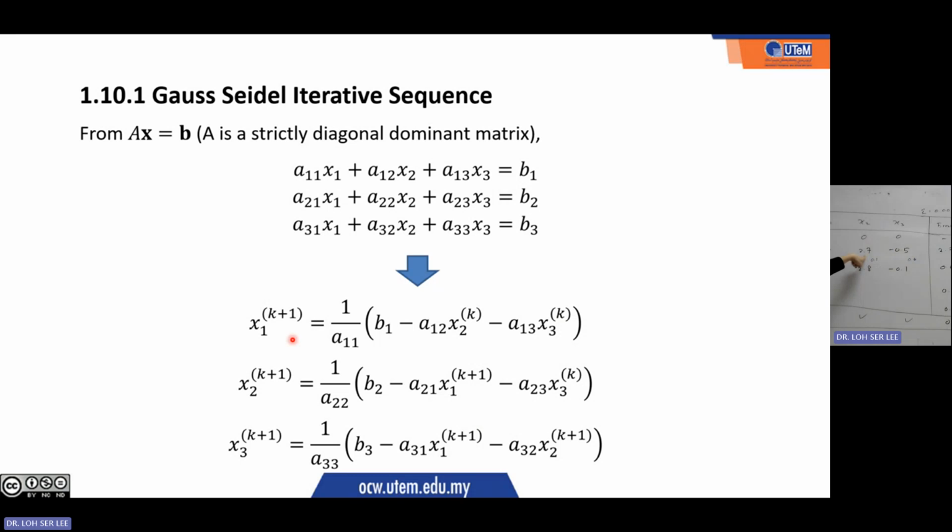That is just what it's referring to, where your x1, x2, x3 are from. When you form your iteration sequence, you don't have to write out k plus 1 and k. Just move the terms and leave x1, x2, x3 on the left, then that is your iteration sequence. We look at one example.